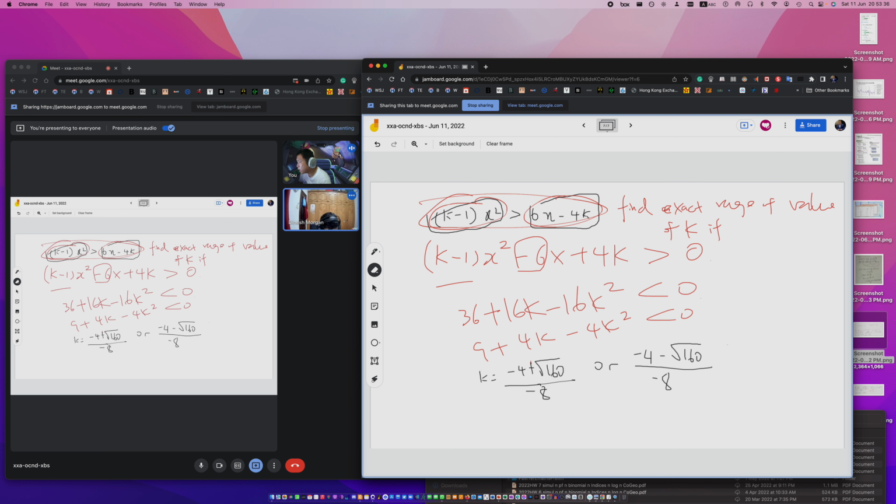Which part of this question is wrong then? You have done so much. Okay, you know what you need to do next? Did you draw a number line for them to see? No, you draw it now.